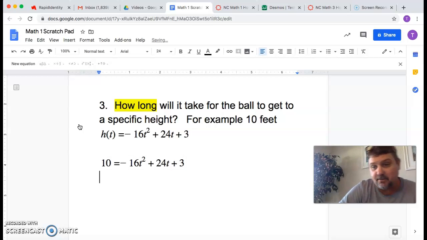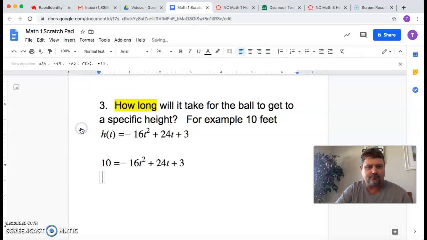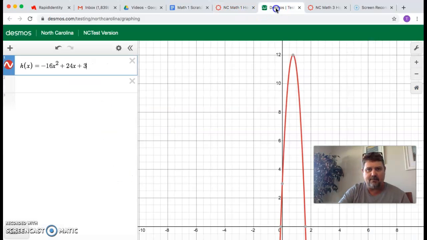We need to set this equal to 0, put it in standard form. To be quite honest with you, I'm going to go to Desmos after that, and we'll wrap this up. So I'm going to put this equal to 0. I know that's not going to change this term, and we're just going to subtract that 10 from both sides. That combines with the 3 to get me a -7, and that's going to be equal to 0.